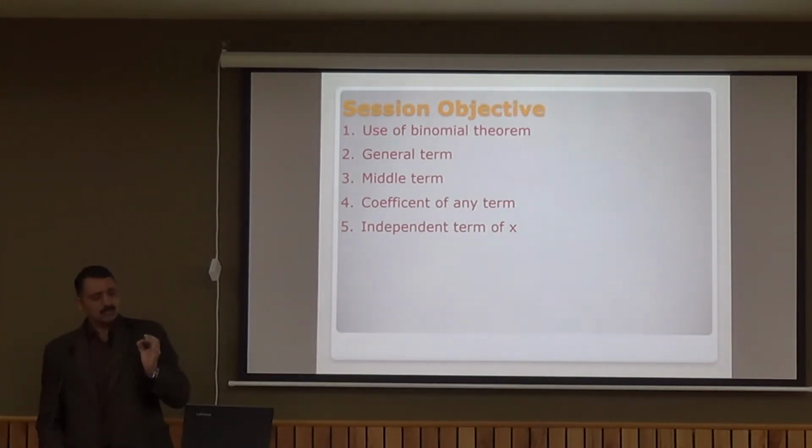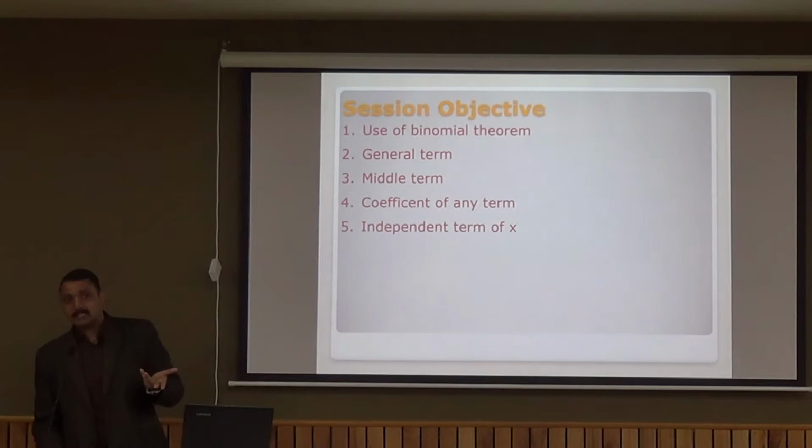So first of all, I have introduced what the use of the binomial theorem is. The binomial theorem is used to expand a higher power. Now, what will we study in this topic? We will study how to find the general term. What do we mean by the general term?